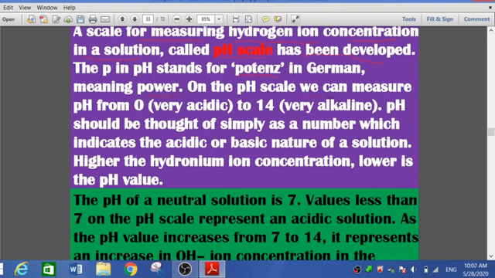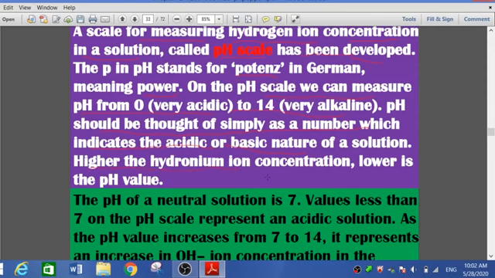The pH scale can measure from pH 0, very acidic, to 14, very alkaline. It means strong acid has pH near 0 and strong base has pH near 14. pH should be thought of simply as a number which indicates whether a solution is acidic or basic.